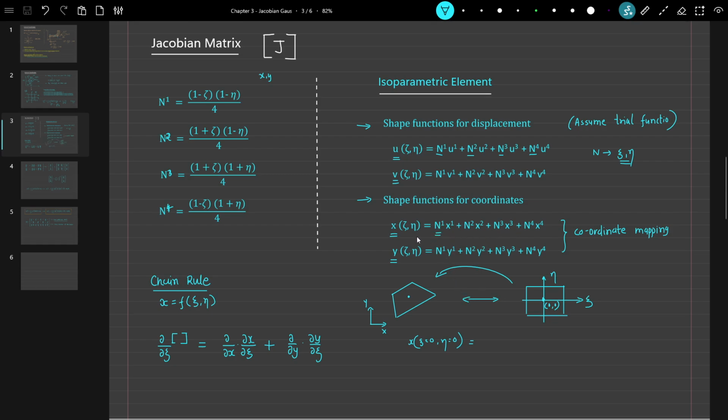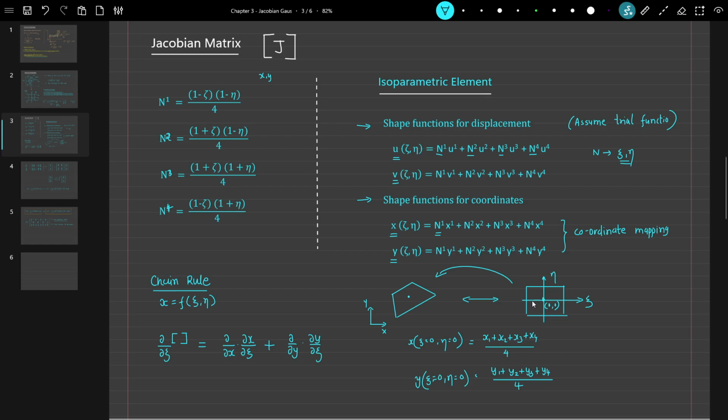So here we can put those values. We get x1 plus x2 plus x3 plus x4 by 4. Similarly, the y coordinate of this point, which is zeta equal to 0 and eta equal to 0, is y1 plus y2 plus y3 plus y4 divided by 4. And this is very obvious, right? This is the center point.